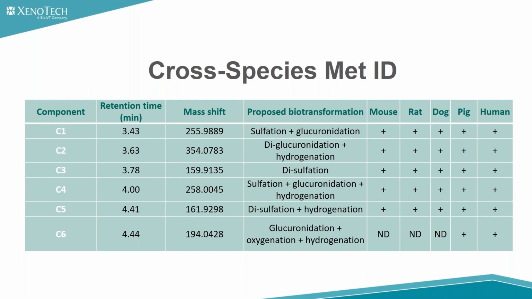And then we have the various species that were being compared, in this case mouse, rat, dog, pig, and human. We can see that metabolites 1 through 5 were formed in all of these species. However, metabolite 6 was only formed in pig and human and not in the other species. So again, looking at these data, if I was picking a non-clinical tox species based on the metabolite profile, it looks like pig would be the species of choice here.